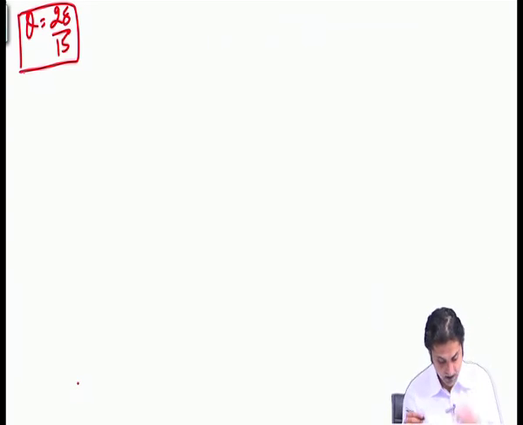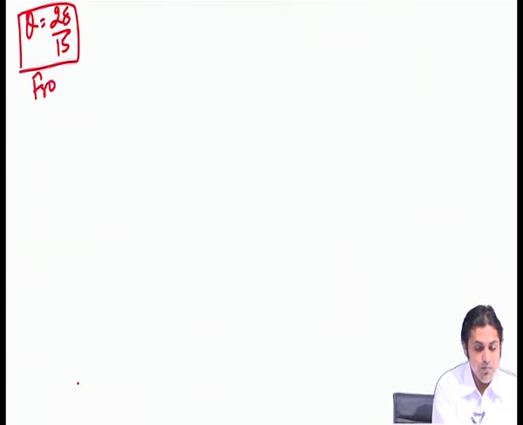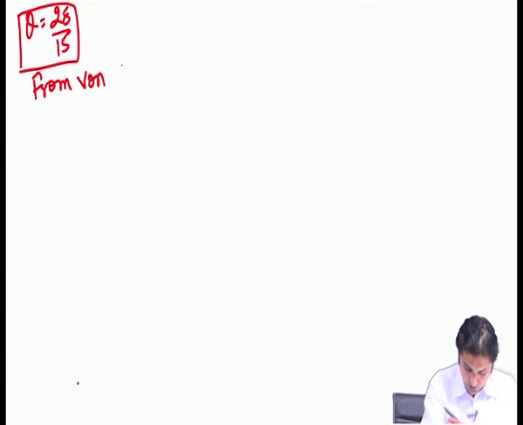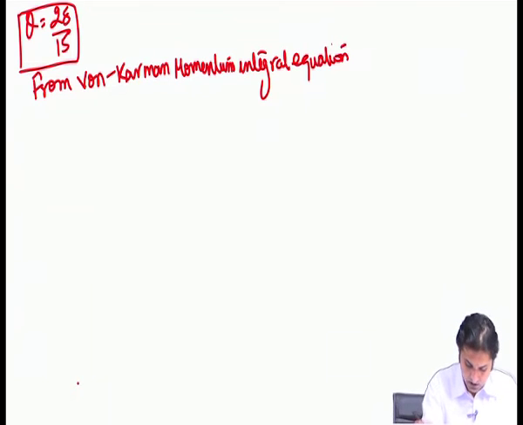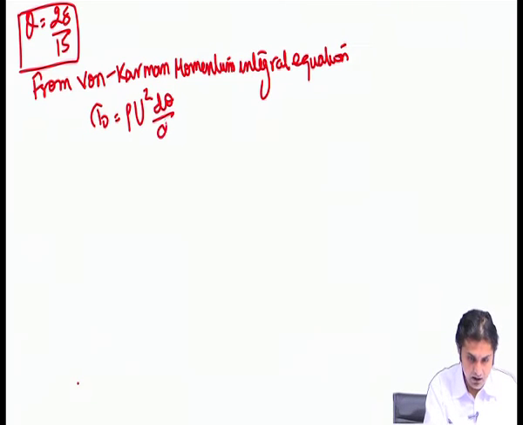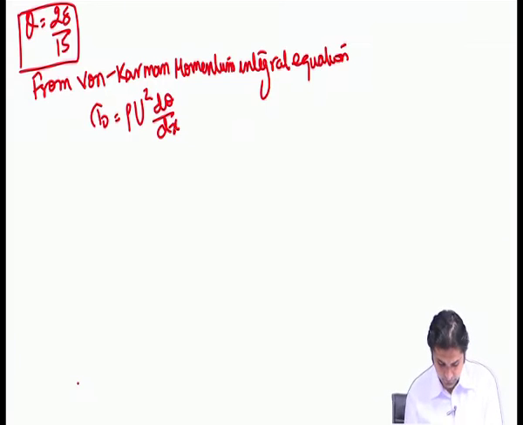Now from the von Karman momentum integral equation, tau naught is equal to rho capital U square d theta by dx.